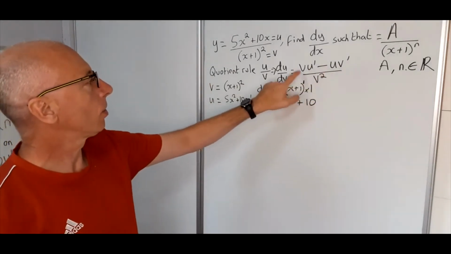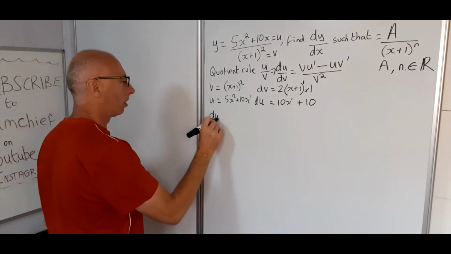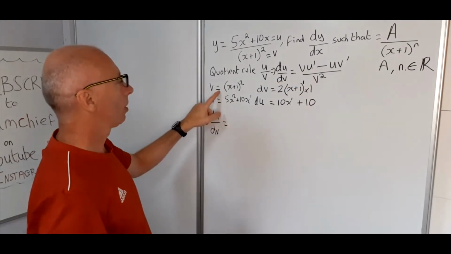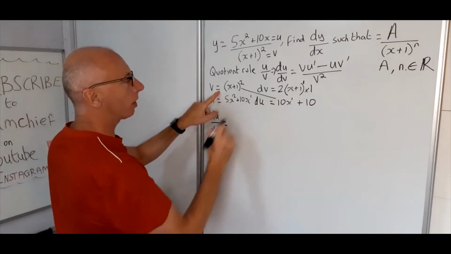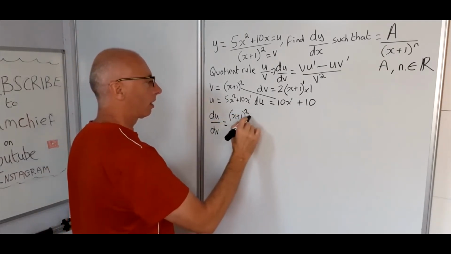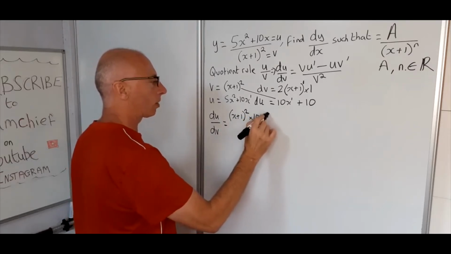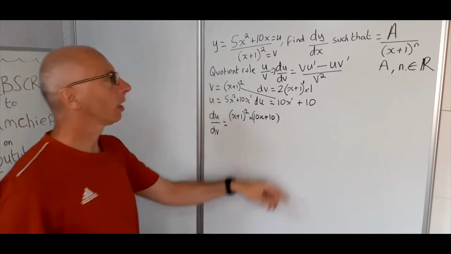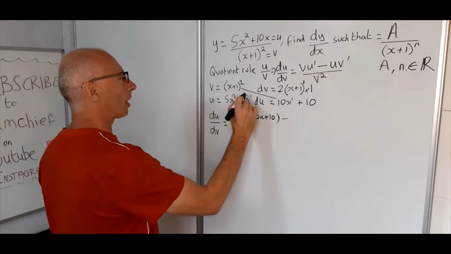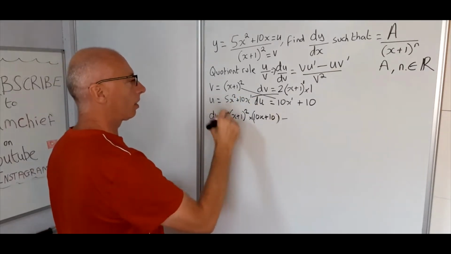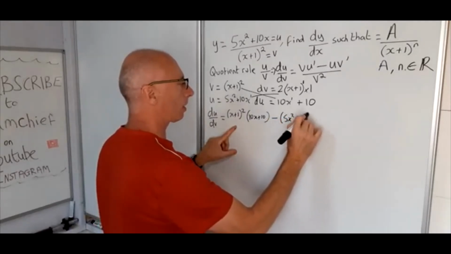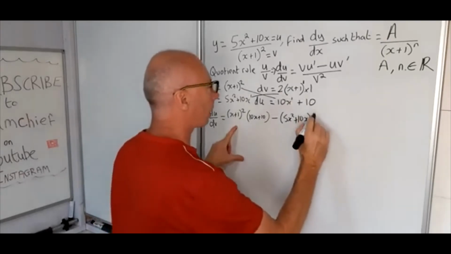Okay, so let's just set out our d(u/v). So v times u prime, that's this one and this one. So we've got (x plus 1) squared times (10x plus 10), minus u and v prime, so that's these ones, so (5x squared plus 10x) times 2(x plus 1).